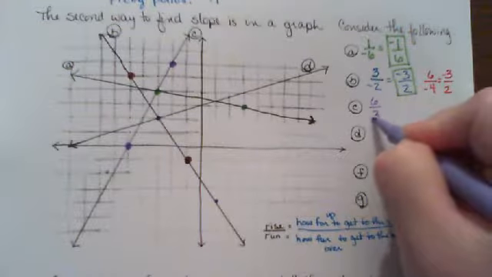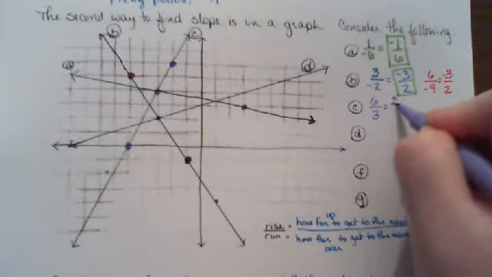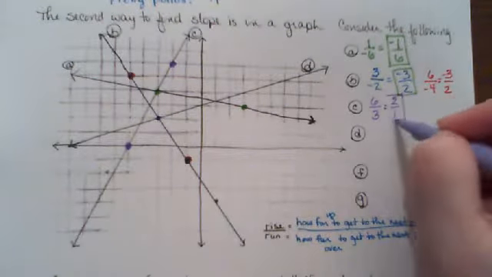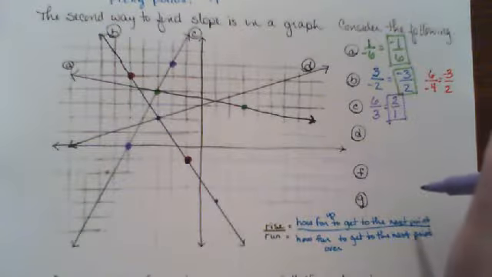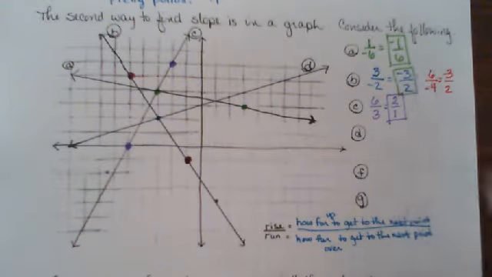So that's going to be 6 over 3, which reduces down to 2 over 1. Because we're talking about slope, leave it as 2 over 1. Yes, it's the exact same thing as 2, but remember I told you we want a slope to be a fraction. We want to leave it as a fraction if we can.